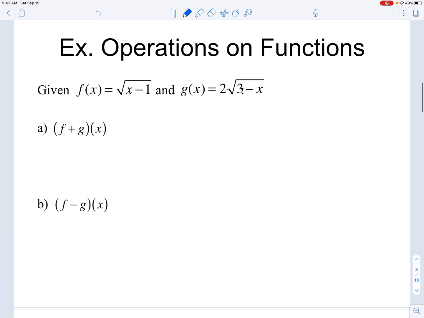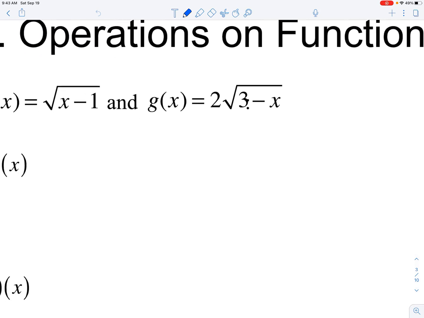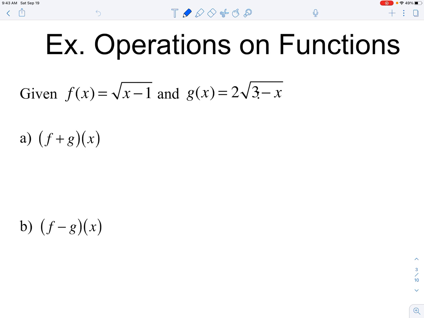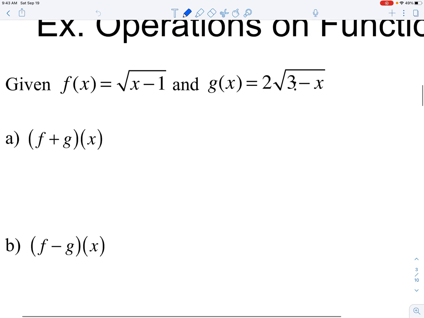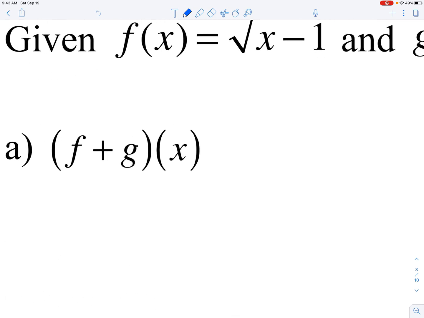Okay, so let's look at a few examples. Given the function f of x equals the square root of x minus 1, and g of x equals 2 times the square root of 3 minus x, I'm not sure why that symbol is underneath there. Let's create a new function by adding those two functions together. This is just using function notation.